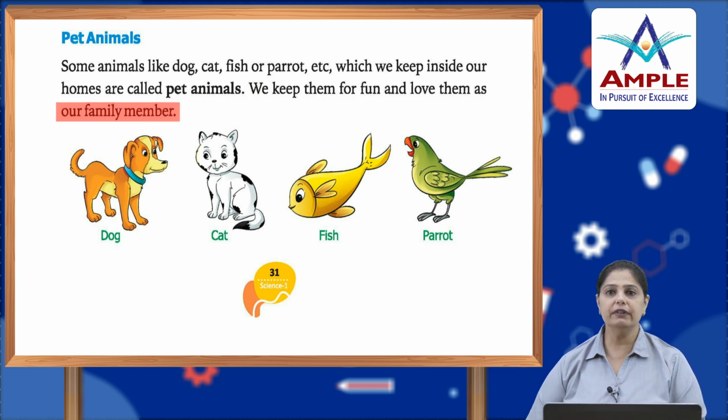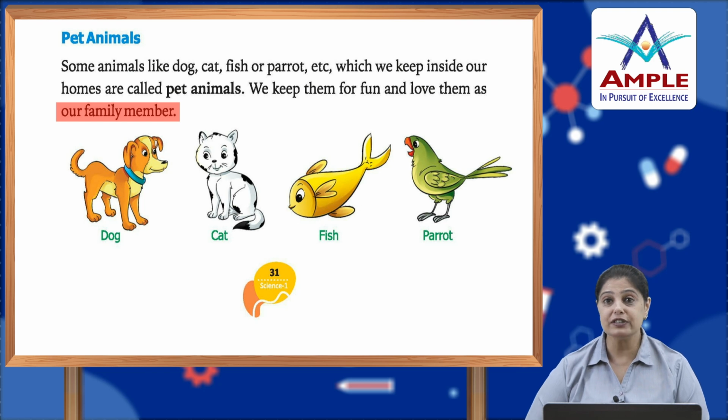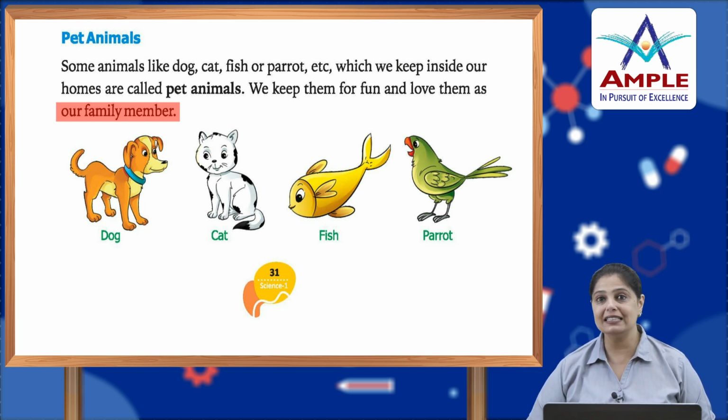Generally, when we want to keep a pet at home, it is only for fun. We always think, let's have a pet at home. It would be fun to have one and to take care of someone. When we have an animal at home, it's entertaining for us. We play with the dog, we play with cats. We have fishes in the house. We love to touch the aquarium they are kept in, and then we see their movement.